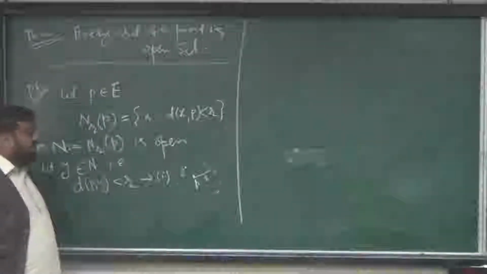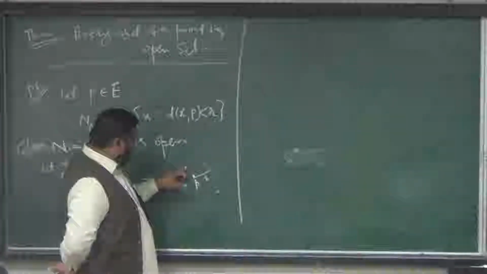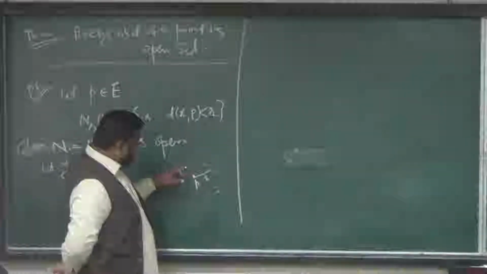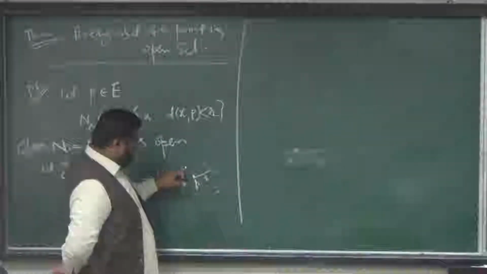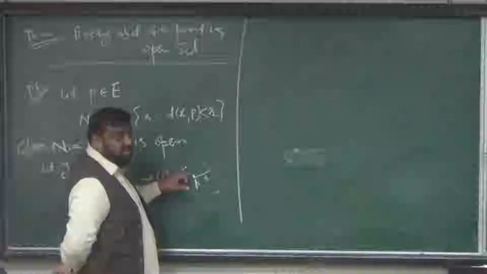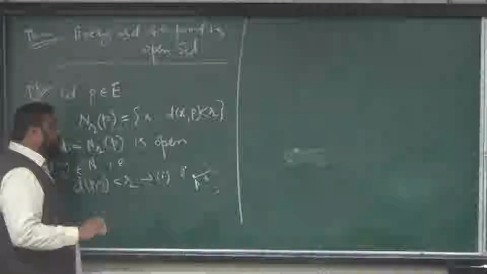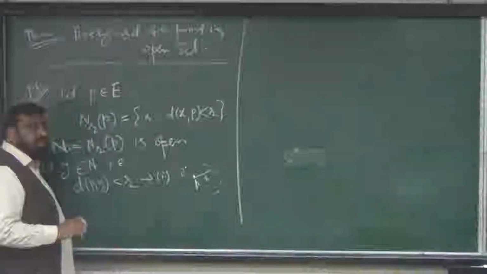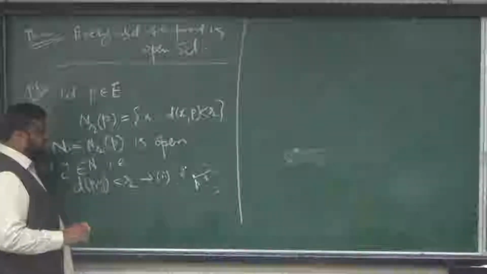Is it necessary that this point is at a distance half from point P? No, it's not necessary. It could be greater than half, less than half, could be anything. So another thing is going to be R minus Y minus P. Last one is Y minus P.